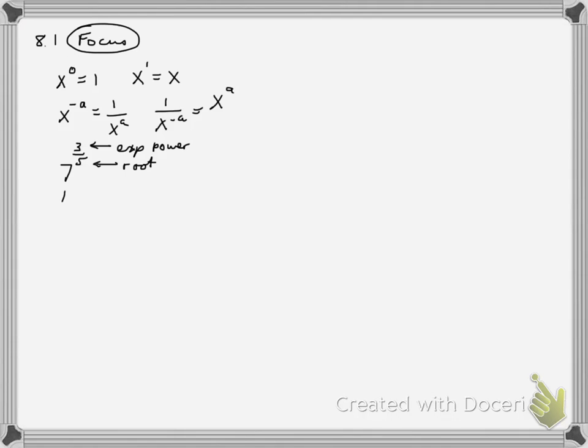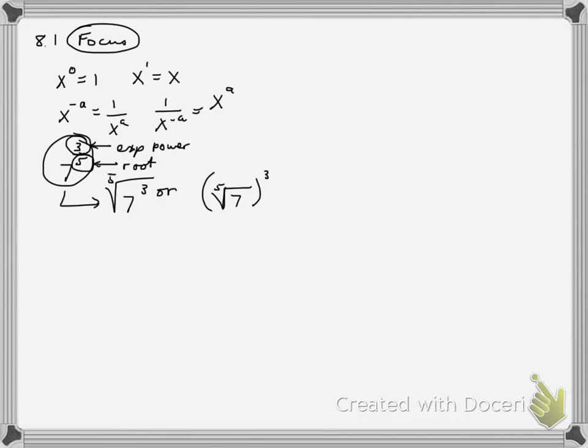In other words, this can be simplified to 7 to the 3rd power and then take the 5th root. So we're always taking the denominator part as the root. We're always taking the numerator as the power, but we could do it in either order. You choose the order that makes the numbers work out most efficiently. So if you remember to the 0 power, you remember whether you're going to take it to the denominator or not because of a negative exponent.